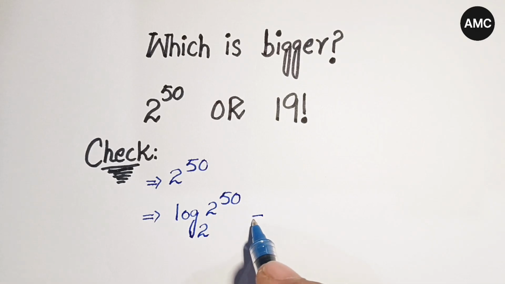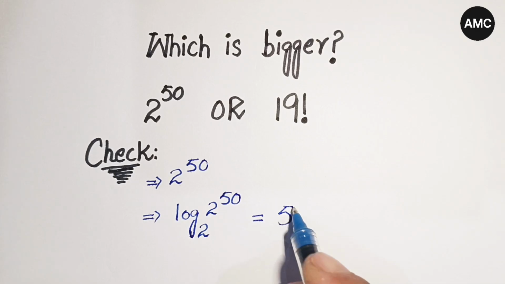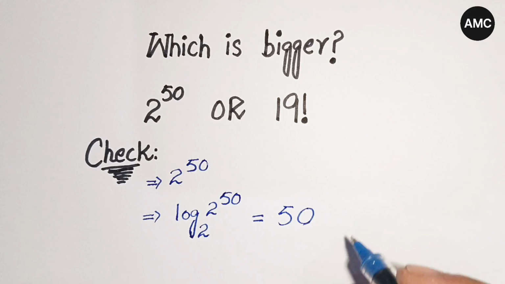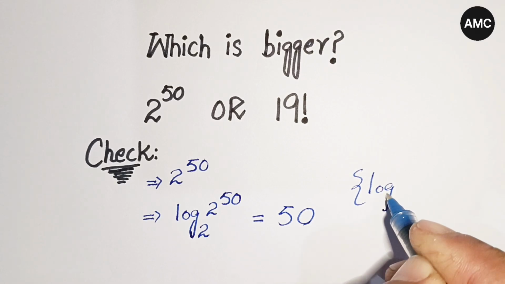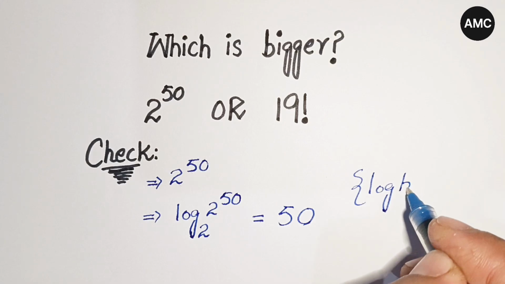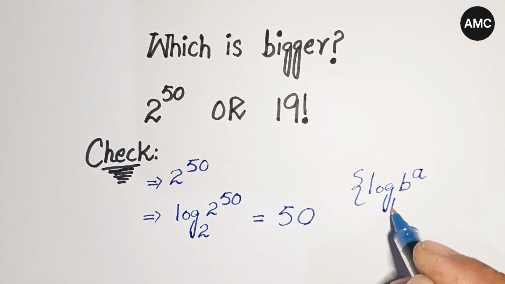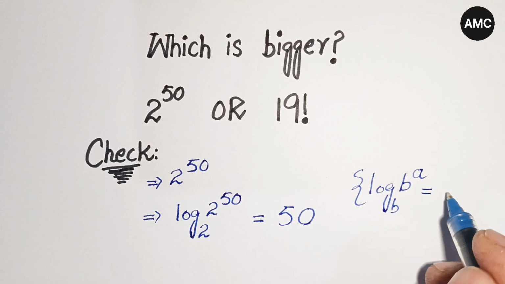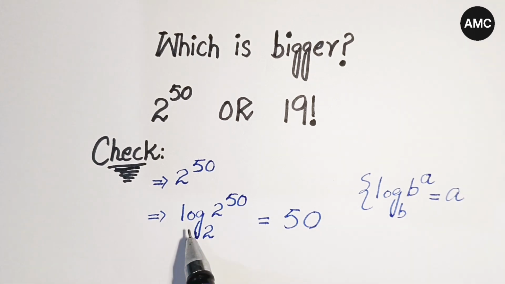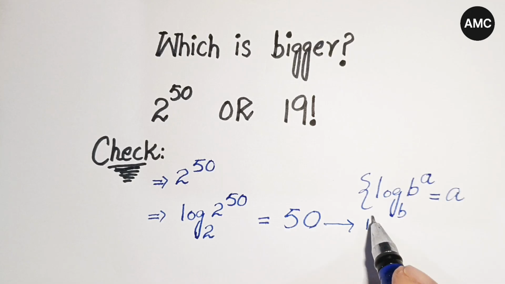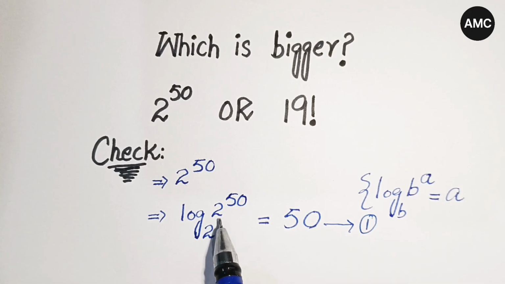As we know, log b to the power a to base b is equal to a. So according to this law, log 2 to the power 50 to base 2 is equal to 50. So it is our first answer.